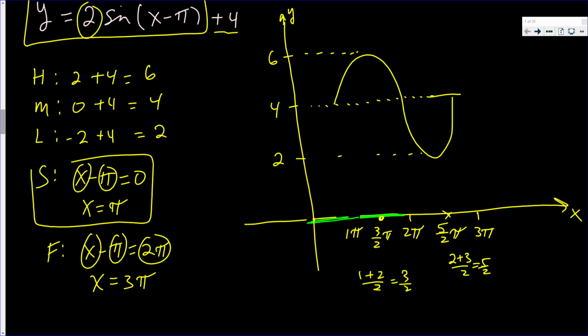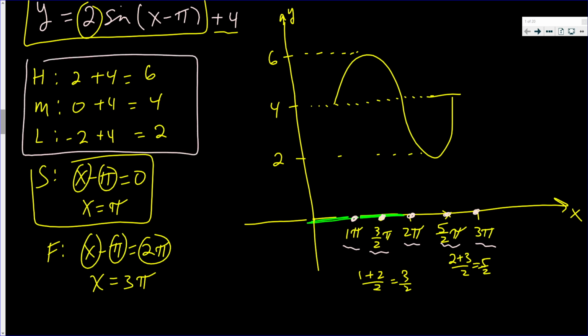So I labeled the 5 important points: the start, the finish, the middle, and the quarter points. 1 pi, 1.5 pi, 2 pi, 2.5 pi, 3 pi. And there's your graph. In my opinion, this helped. It didn't make adding that 4 off the wall hard.